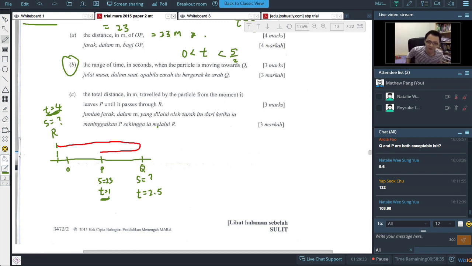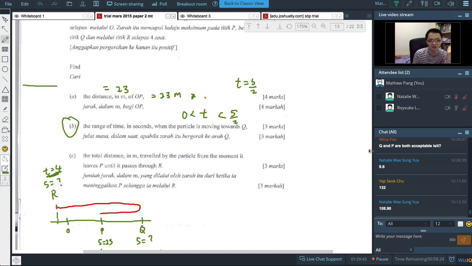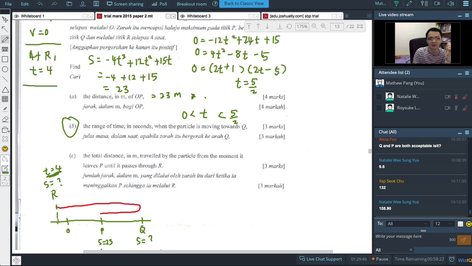So from here, of course you will need to find where R is and where Q is. I have the S equation just now, so I substitute 2.5 and I substitute 4 to find their displacements. So this is my equation. I substitute 2.5 first, which is 5 over 2, to find the displacement of Q. I use the calculator for this one.